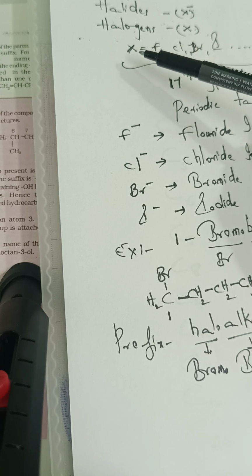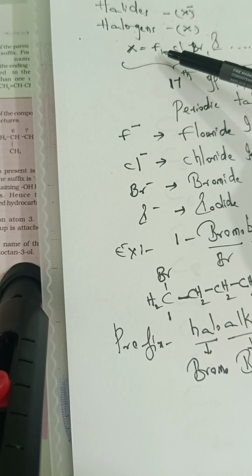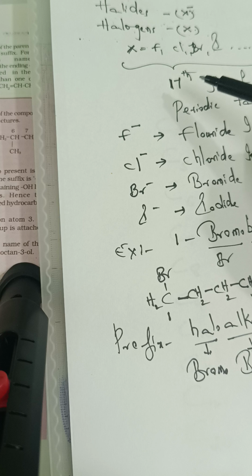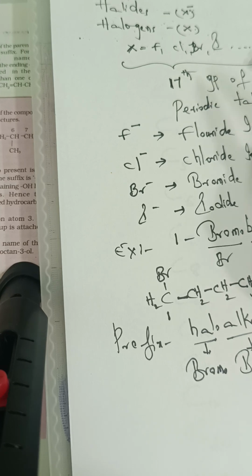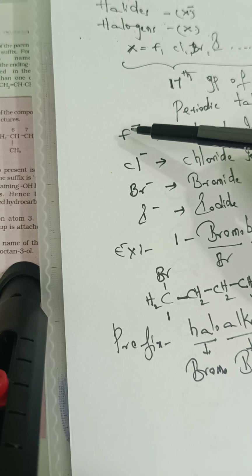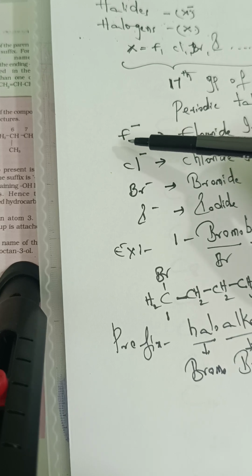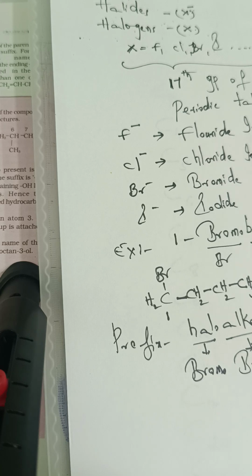Here, X is nothing but halogens. These halogens are fluorine, chlorine, bromine, iodine, astatine, and so on. They are present in the 17th group of the periodic table. If I place a minus charge on fluorine, that is F minus, that is the fluoride ion.